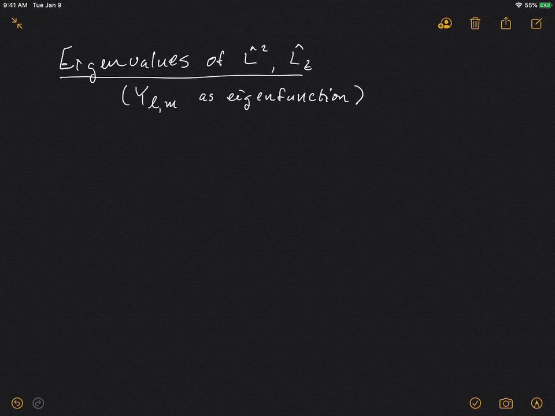For this lecture, we're going to start by developing expressions for the eigenvalues of the L squared operator, angular momentum squared, and the Lz operator.